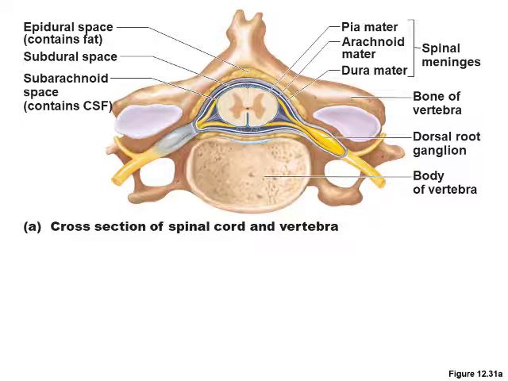So all the fibers are in the outer part and the cell bodies are in the gray matter, that means in the inner part. Now another thing you see here, from both sides of the spinal cord, spinal nerves arise. Here you just see one pair, that means two. There are a total of 31 pairs of spinal nerves arising from the spinal cord. So that is how the spinal cord is protected in your body. Okay.